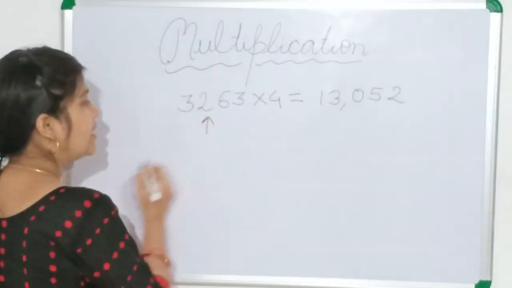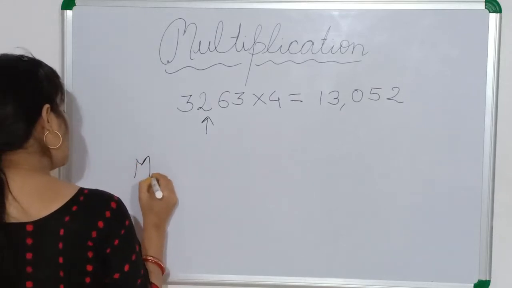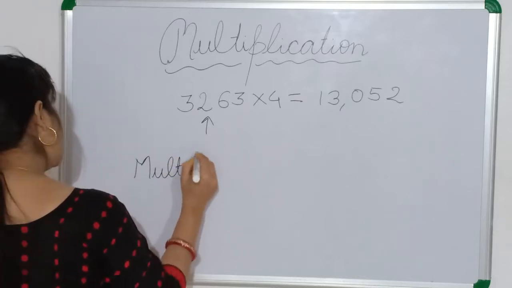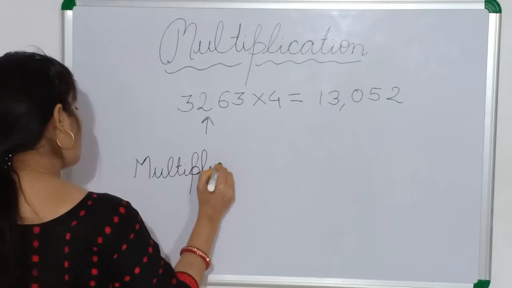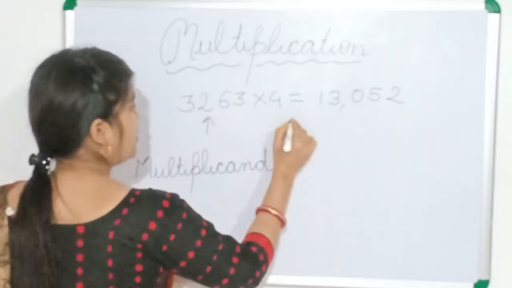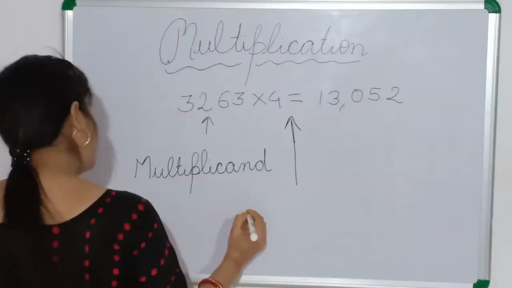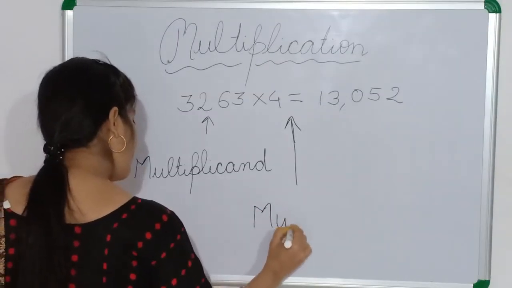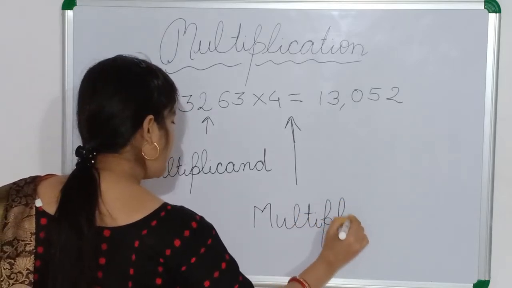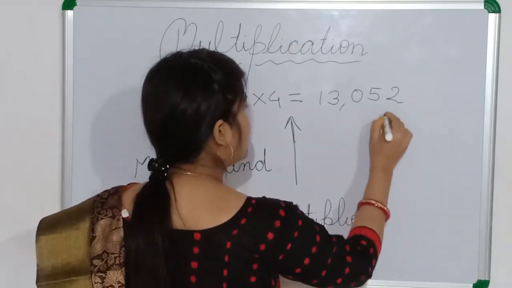We will give some names to these numbers. This is known as multiplicand. This is known as multiplier. And this is known as product.